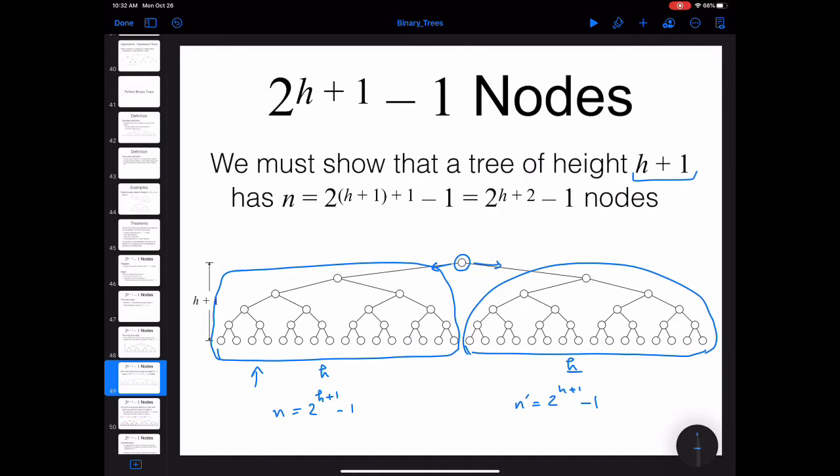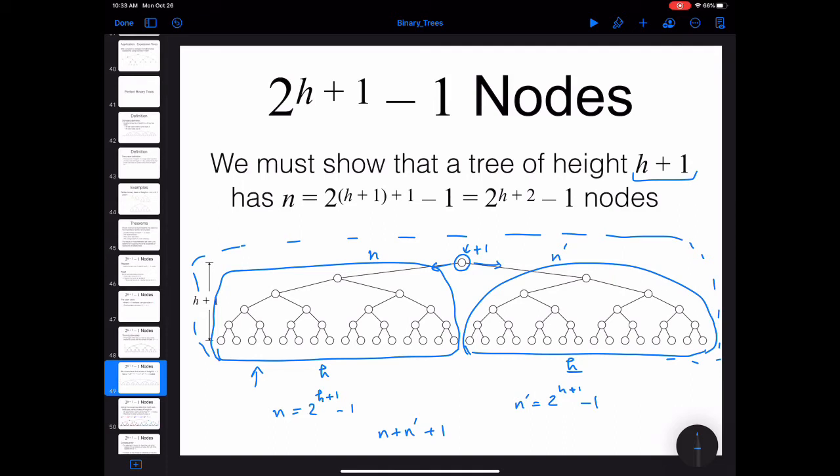So the number of nodes in this larger perfect binary tree, what is the number of nodes? This is going to be whatever I have here plus whatever I have here plus 1 because of this root node, right? So it's going to be n plus n prime plus 1.